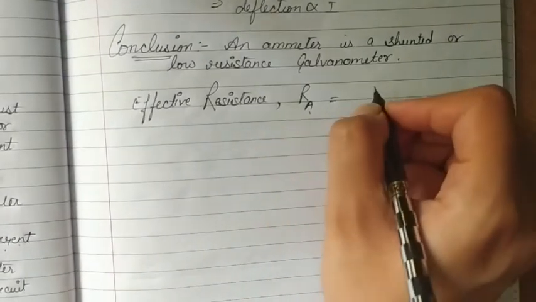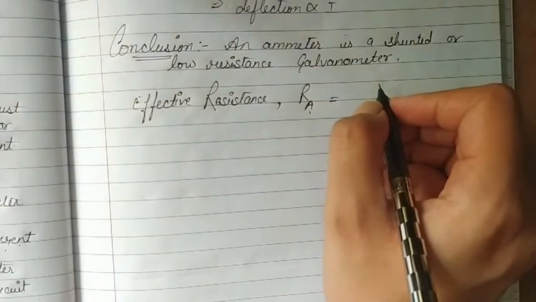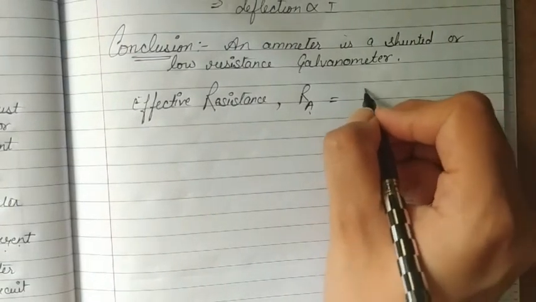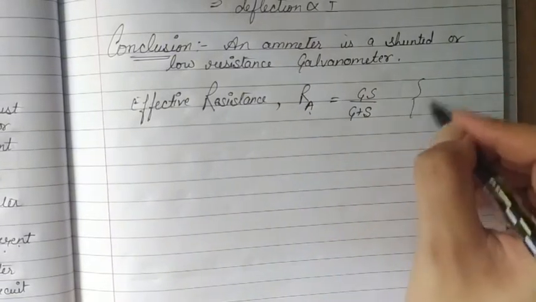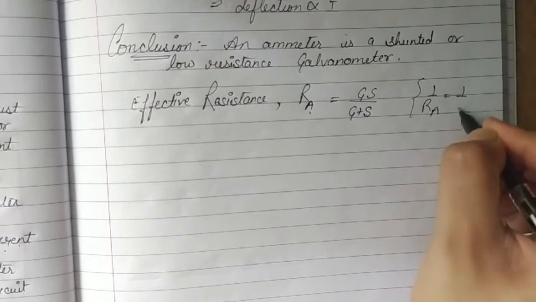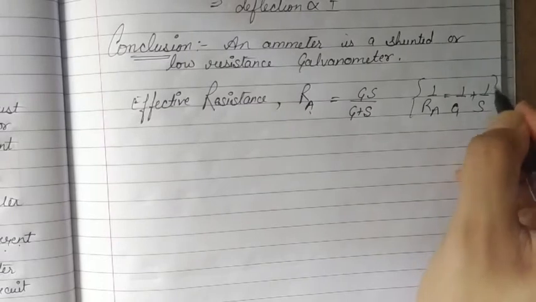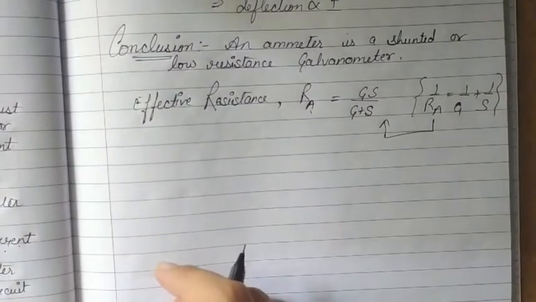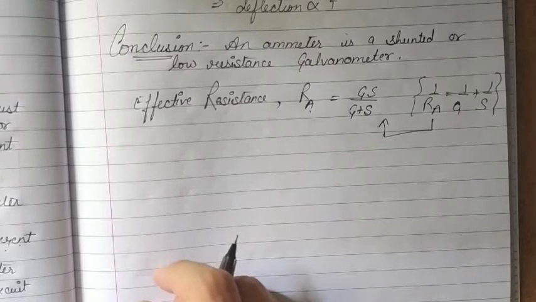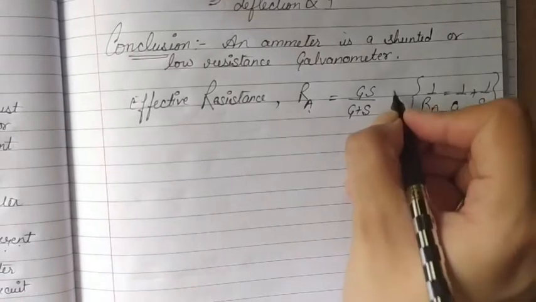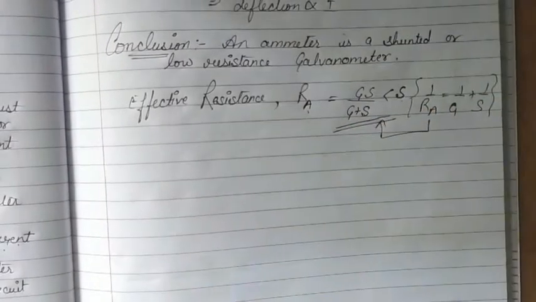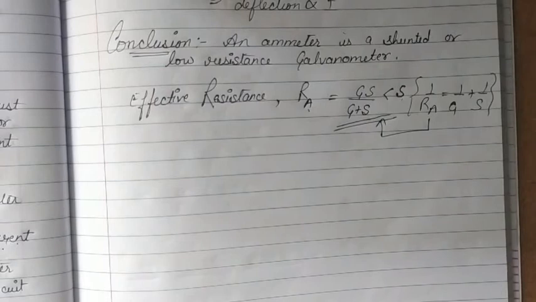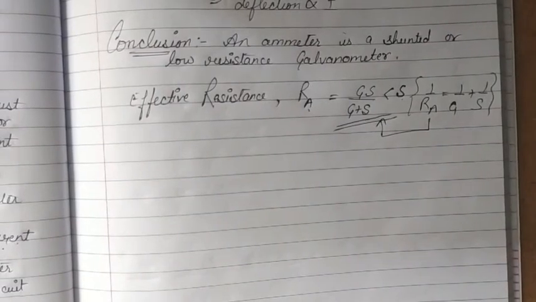It is equal to the resistance that we get by putting S parallel to G, so it will be GS upon (G plus S). We can get it by the combination 1 upon RA is equal to 1 upon G plus 1 upon S. By solving this we get RA is equal to GS upon (G plus S), and it will always be less than S. Its value will always be less than the shunt resistance that you have connected. So this is the ammeter that we can form by using a galvanometer.